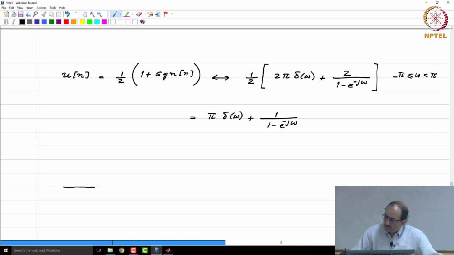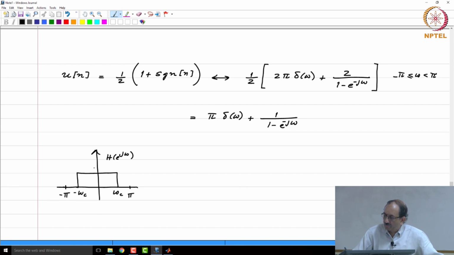Now, since we have the inverse DTFT definition, this is h of e to the j omega and this is 1.